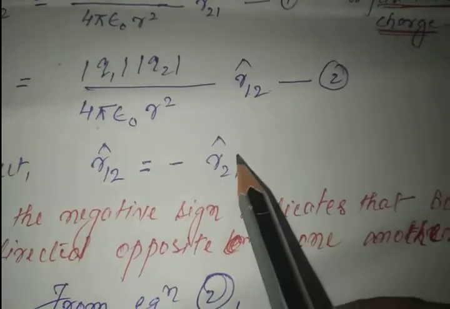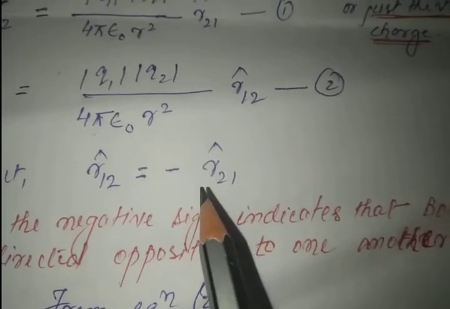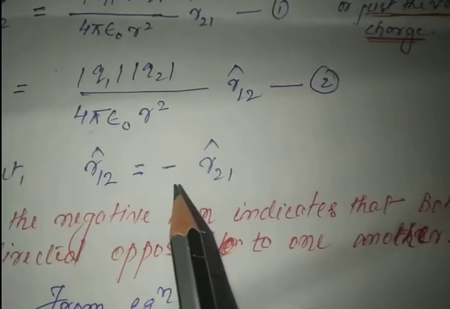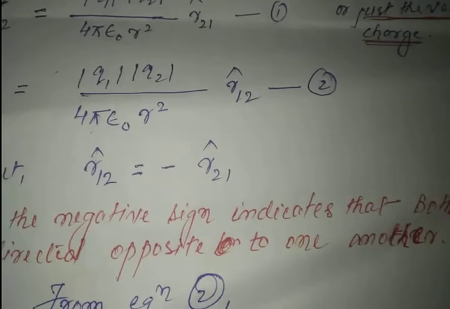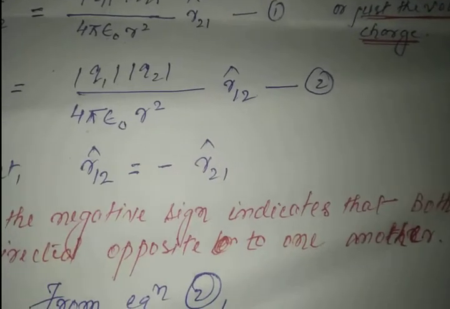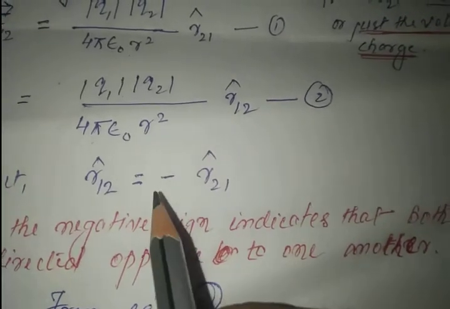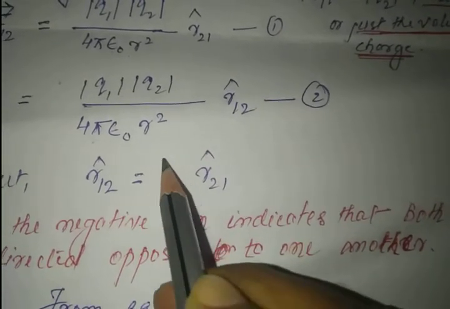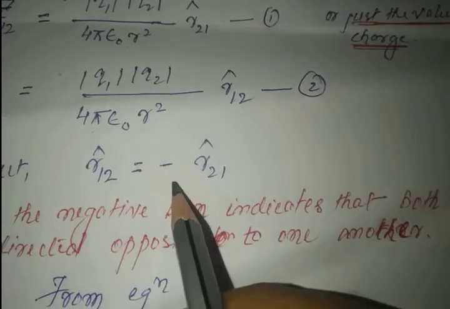The values are equal, but in terms of direction, they are different. If there are two quantities which have the same value but opposite directions, we represent one of them by a negative term.